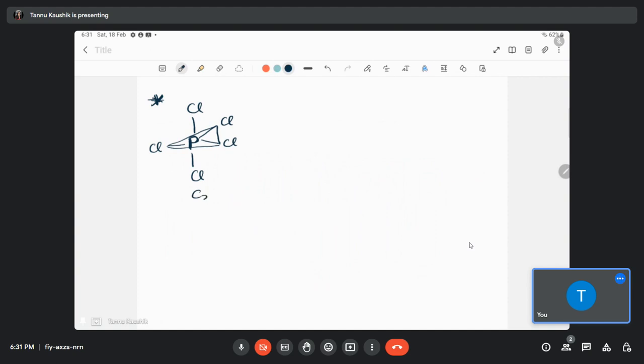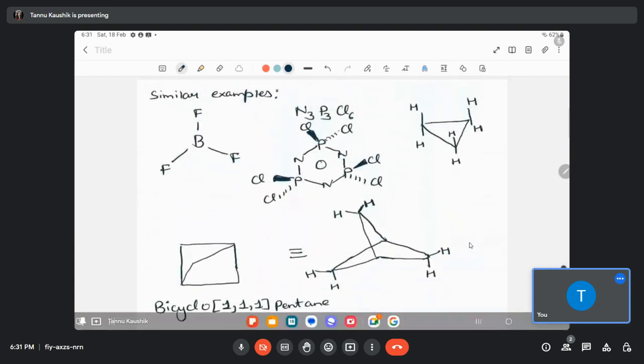Okay. So PCl5 comes under D3H point group.